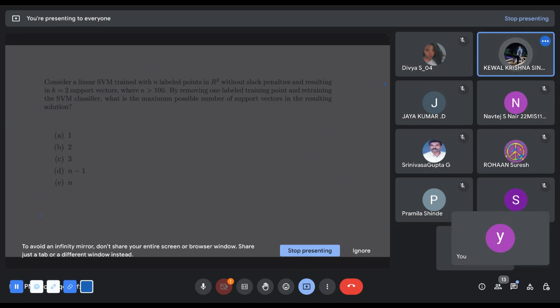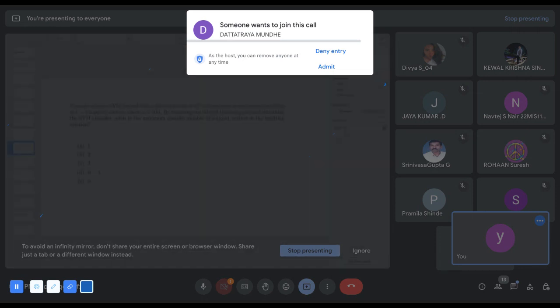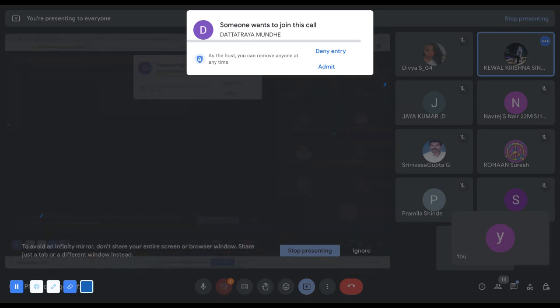It will remain n. Now you have only n minus one examples, right?